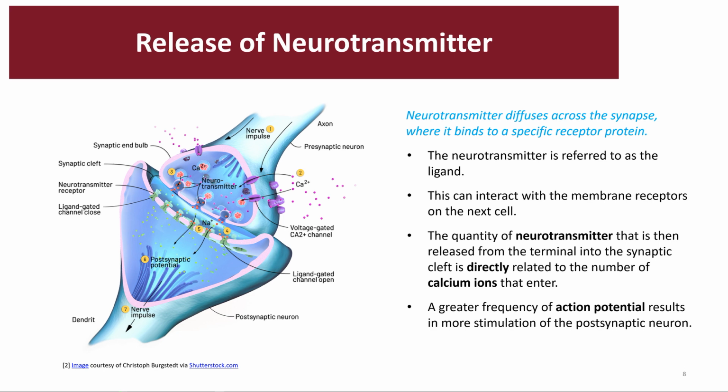So as this action potential reaches the axon terminal, it's going to trigger these voltage-gated calcium channels to open up. Calcium, which is higher on the extracellular side of the neuron, begins to rush in, therefore increasing the calcium content inside the cytosol. There are these calcium sensor proteins called synaptotagmin, which will pick up this change in charge and cause the fusion of the synaptic vesicles to begin to form.